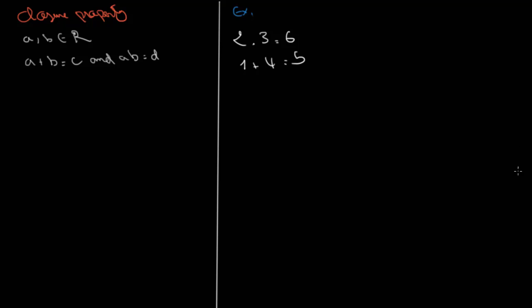Now the second property is the commutative property, which is very simple as well.